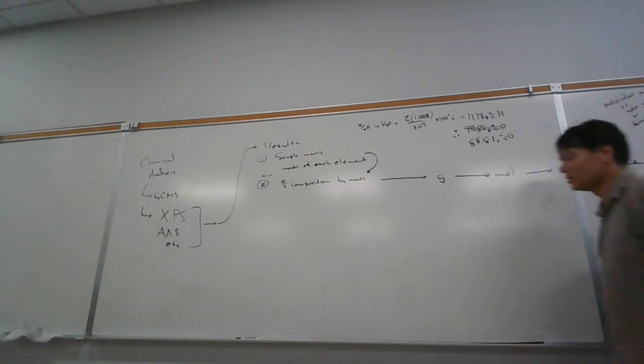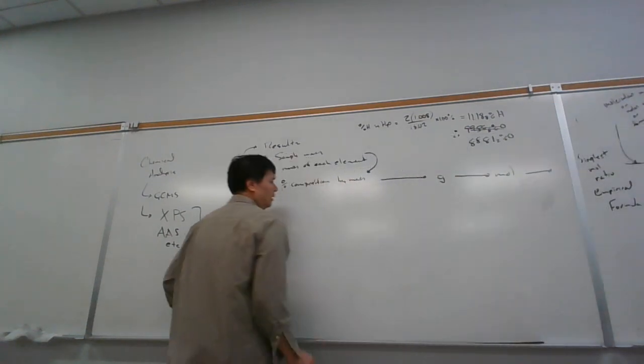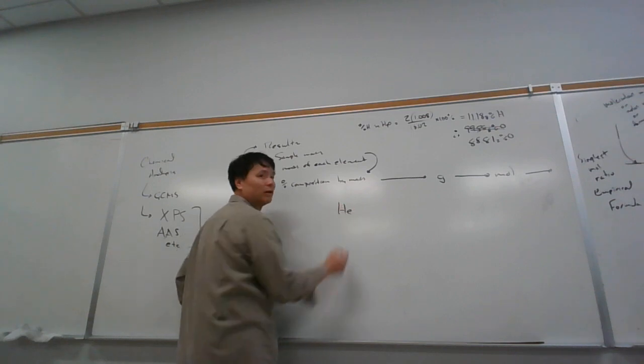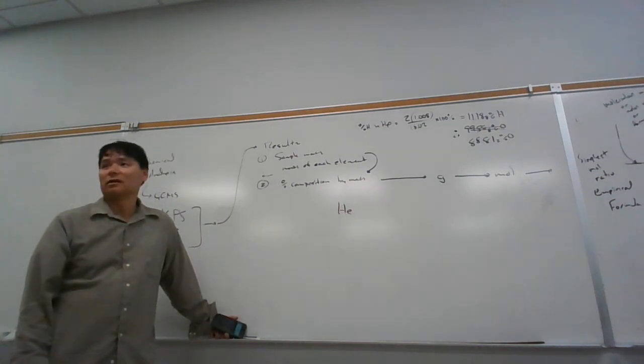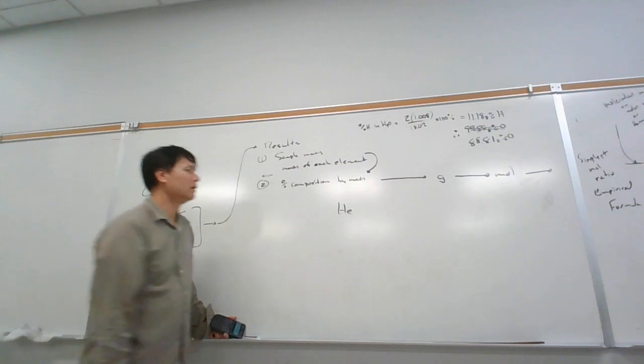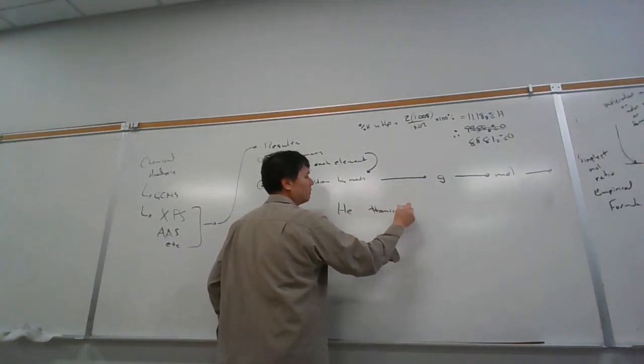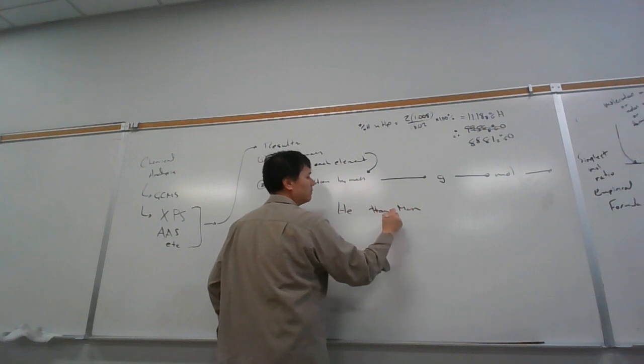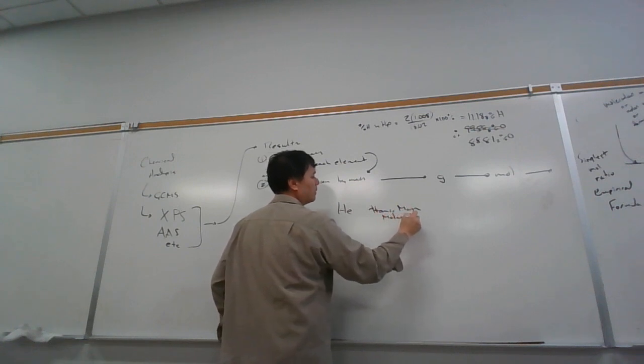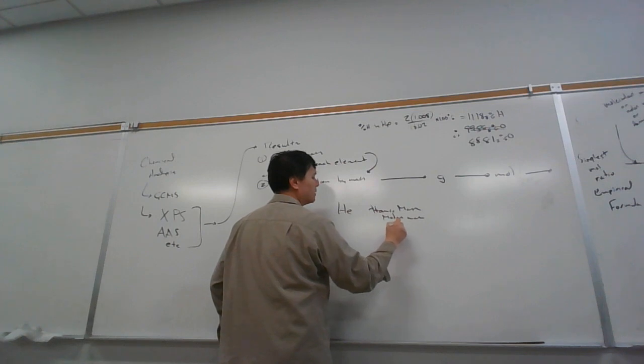It has to form molecules. Does everything form molecules? For example, does helium form molecules? No. And so for helium, what we'd say is this is the atomic mass or the molar mass or the formula mass.